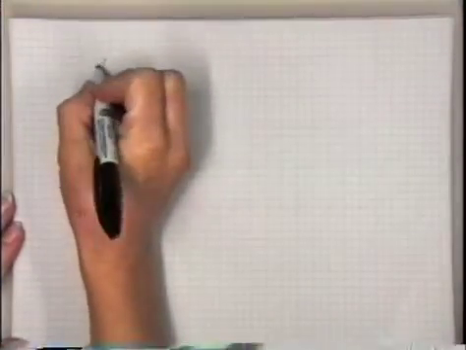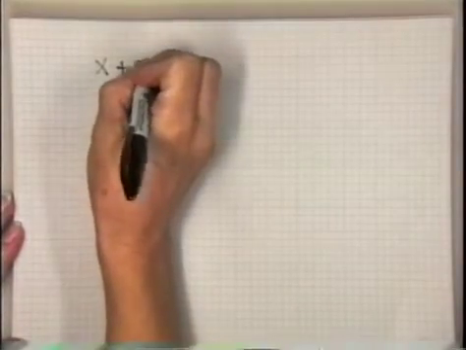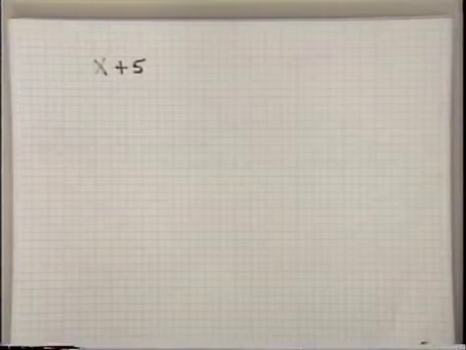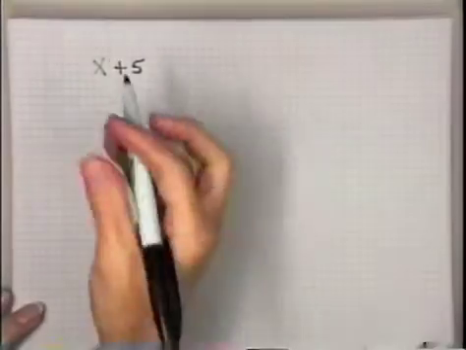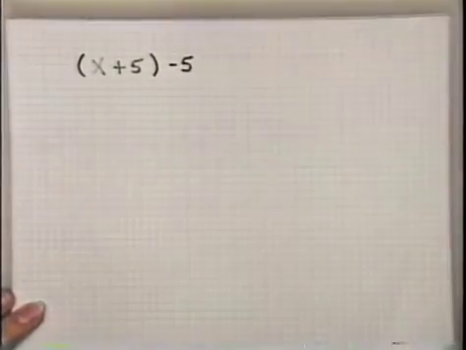If you have a number x, let's say, if you add 5 to that x value, of course you have a new number there, don't you? If you take that solution and you then subtract 5, what happens?